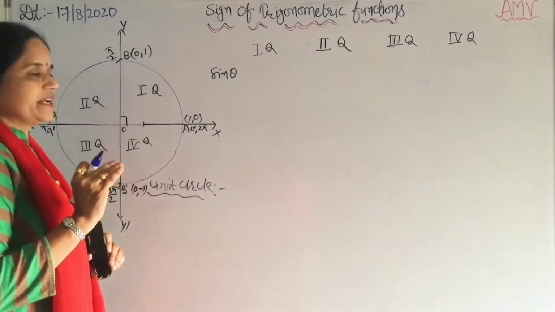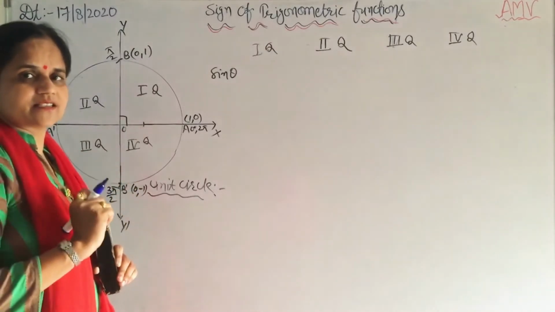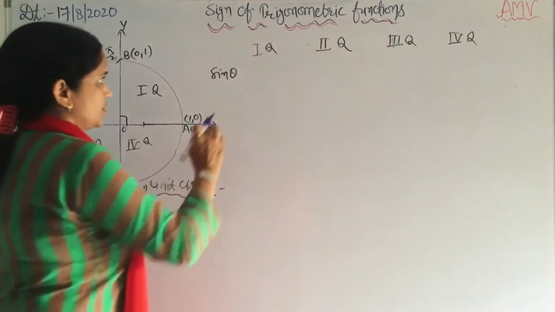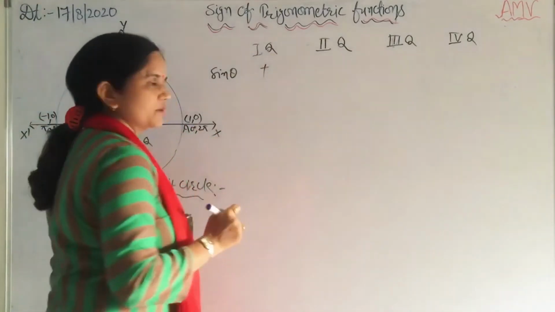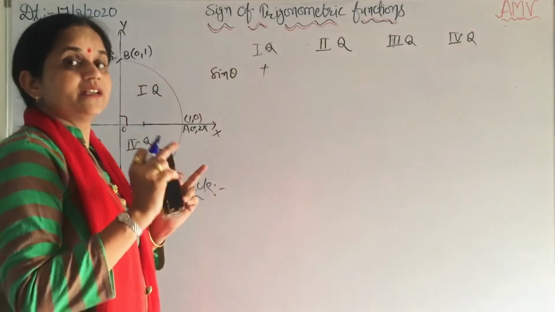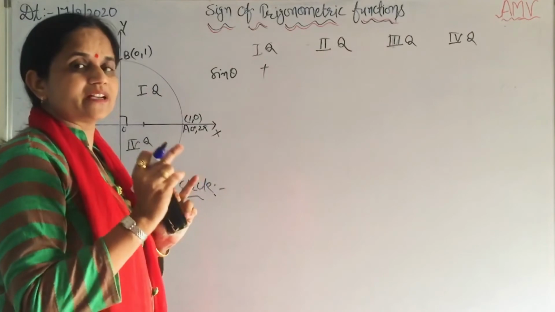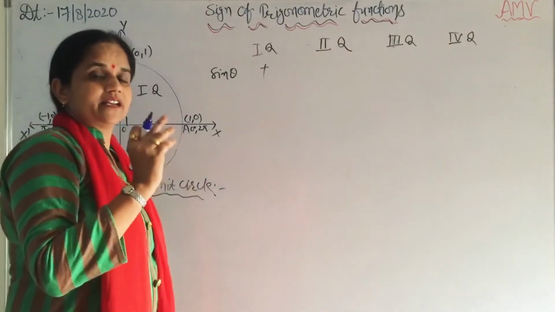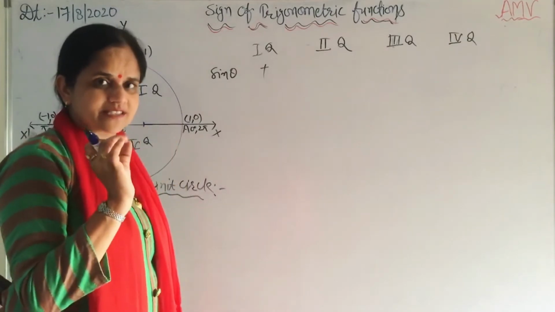It means the values of sine 30, sine 60, sine 90 are all positive. Keep in mind that first quadrant means pi by 2 minus theta. If theta is 30 degrees, then it's 90 minus 30, sine 60.